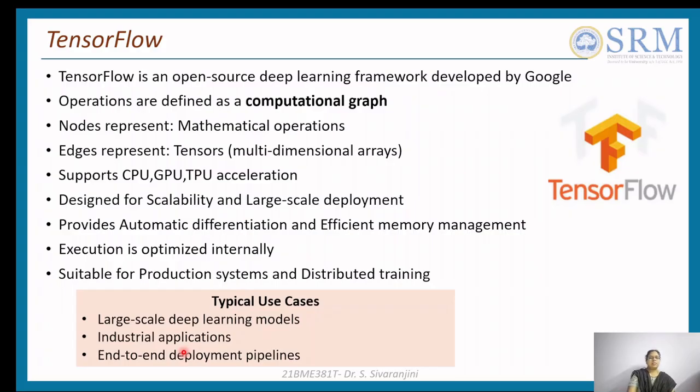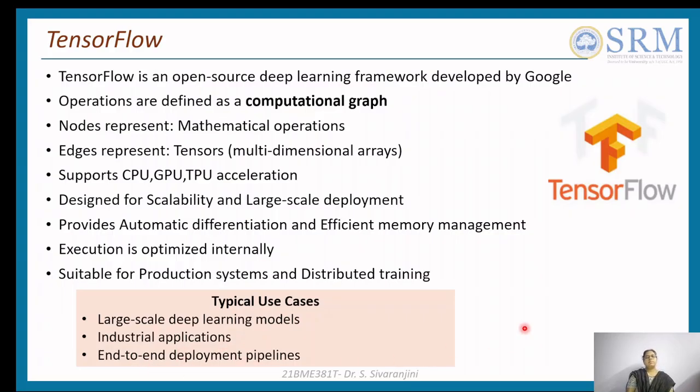Scalability means that if you are using it in a production system, TensorFlow will be very efficient. It provides automatic differentiation and efficient memory management, where the execution is optimized internally. So it is used in large-scale deep learning models, industrial applications, and end-to-end deployment pipelines.